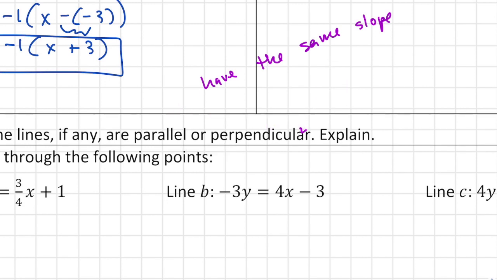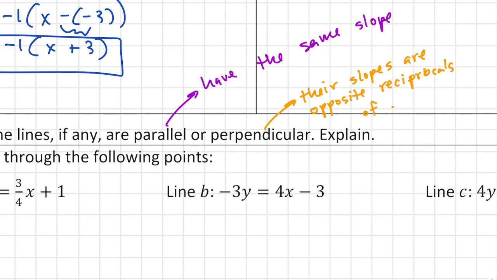Now, you know that they're perpendicular if their slopes are opposite reciprocals of each other.